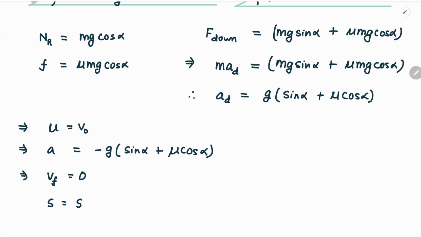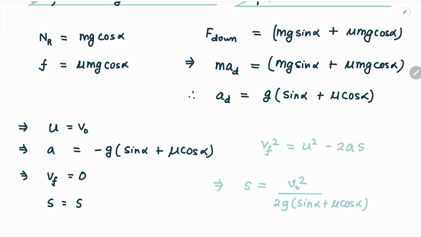So if we apply the expression v final square is equal to u square plus 2as, and we have already substituted a being negative, we obtain that displacement s is equal to v0 square by 2g times sin alpha plus mu cos alpha.